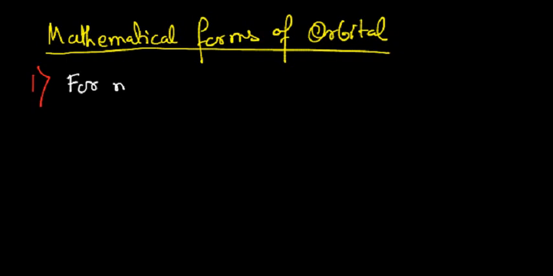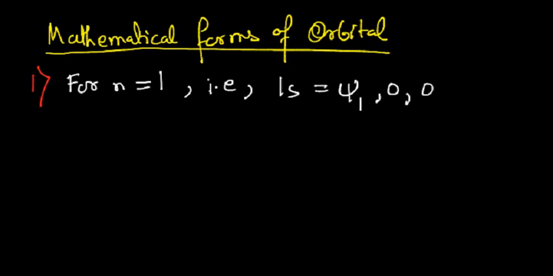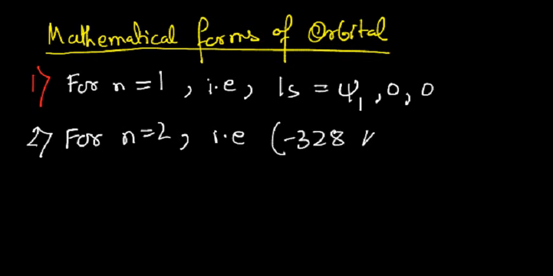Now for mathematical forms of orbitals, for n equals 1, there is only one orbital, that is 1s equals psi 1, 0, 0. Now for n equals 2, where the energy is minus 328 kilojoule per mole, there are 4 atomic orbitals, that is phi 2, 0, 0.